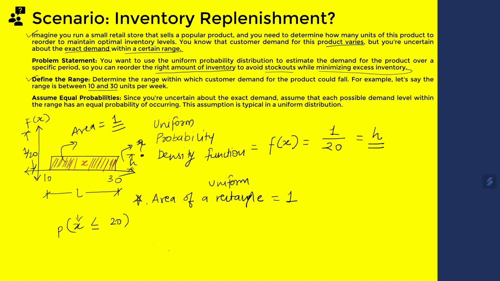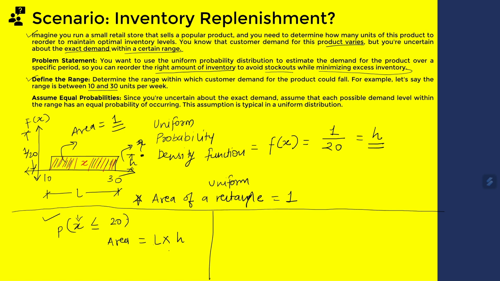So how can we calculate the probability with the help of this function? It's very simple and easy. We know that the area of a rectangle is length into height. In this situation, we will find the probability with the help of the uniform probability distribution diagram.